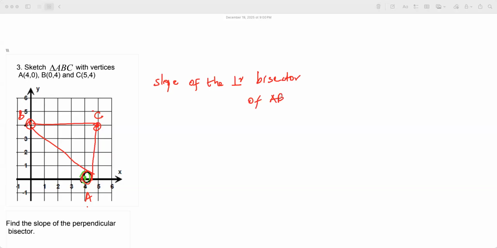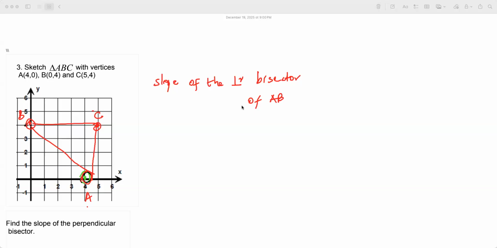We can just discuss, guys. If you apply, you can do the calculations at home because they're all simple. But how do you find out the slope of the perpendicular bisector? This is not a hard one. This is just a thought process using algebra.